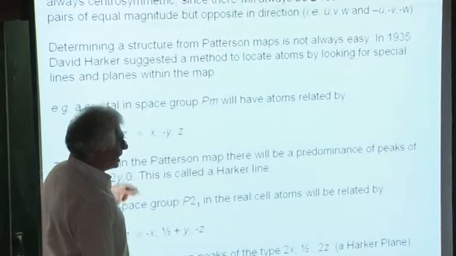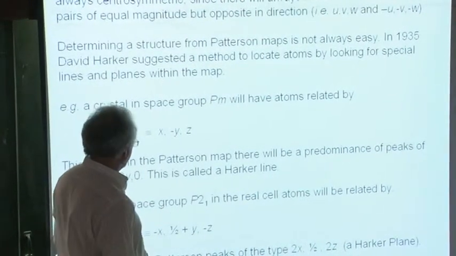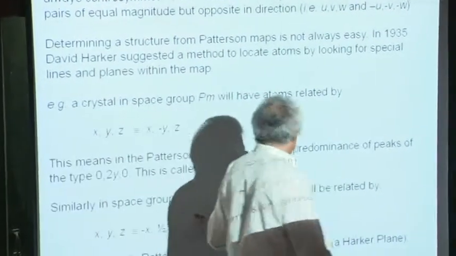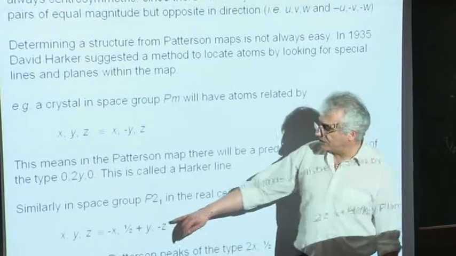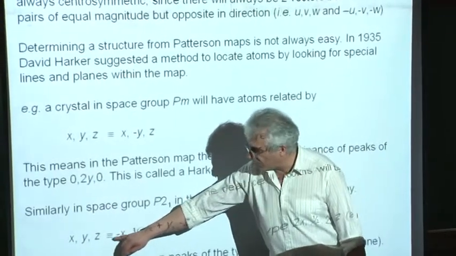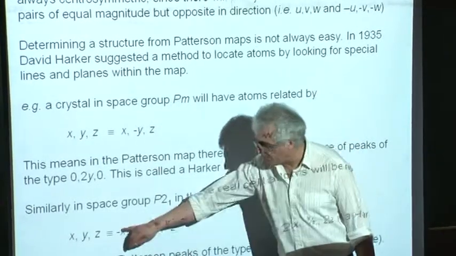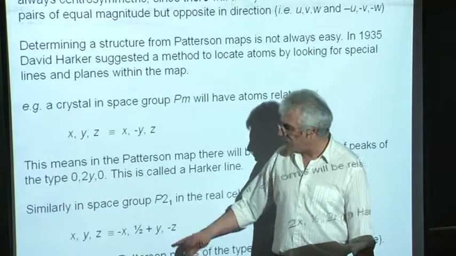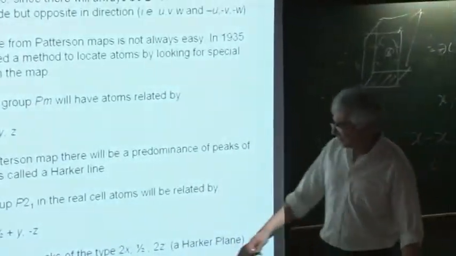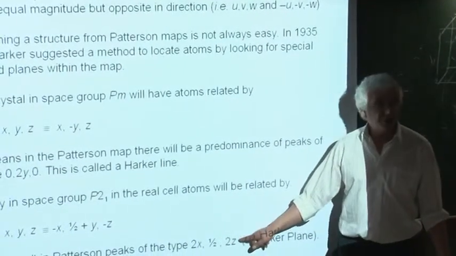And so it's relatively easy then to work out where your atom is going to be. Yesterday we talked about the two screw axis. In this case, you've got atoms related by X, Y, Z, and minus X, Y plus a half, minus Z. So you're going to see lots of peaks at 2X, a half, 2Z.